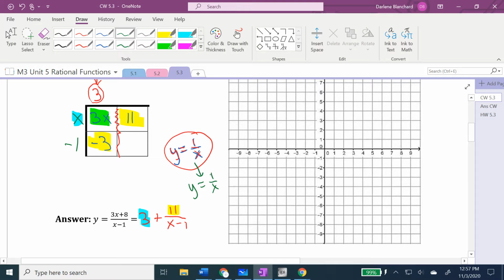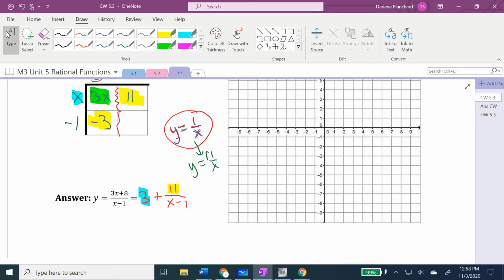And I failed to actually change it. There we go. Then, once you have 11 over x, you then have the minus 1 to the x and the plus 3 to the function, which is going to cause it to move right 1 unit and up 3 units.